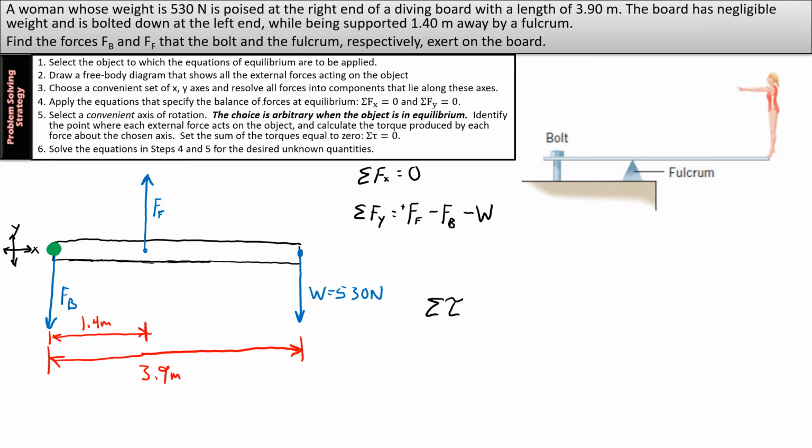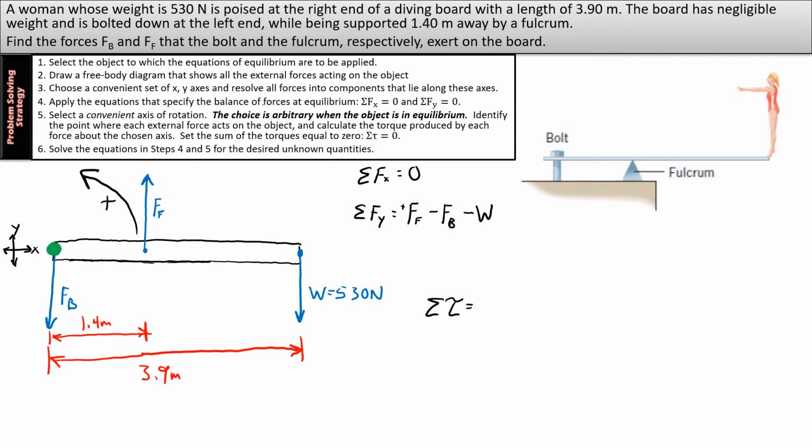So the net torque is equal to the torque supplied, and now you have to think positive, negative, right? So here's our axis. If the force is making you go this way, is that clockwise or counterclockwise? That is counterclockwise, so this is going to be a positive torque.